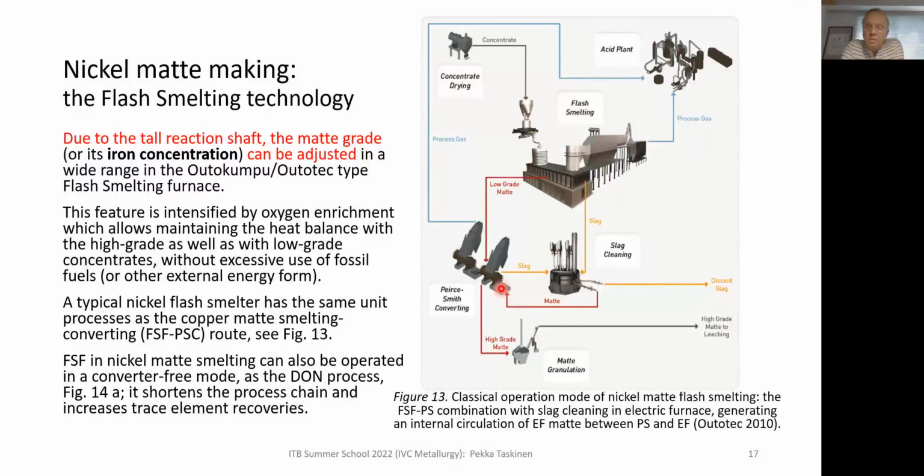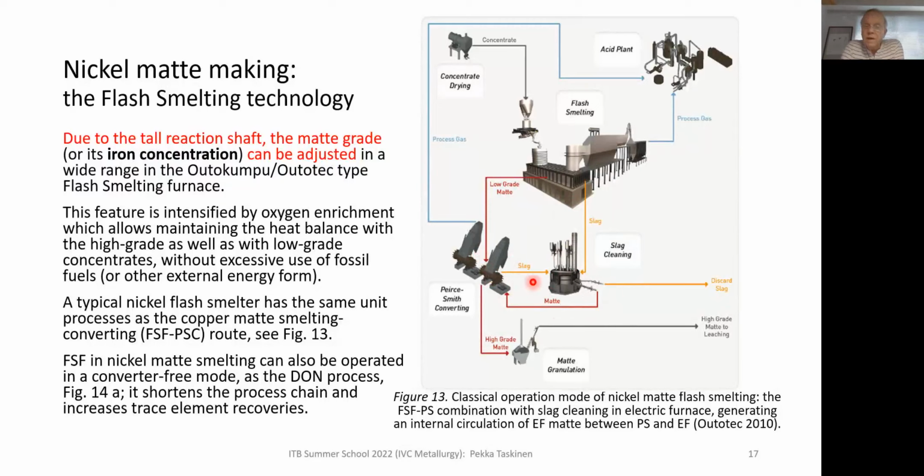And the headache here is that we have internal slag circulation. We are oxidizing some components in Pearce-Smith converting, then we are reducing them back to the matte, which is fed into converters, and they're oxidized back into slag, and that is reduced.